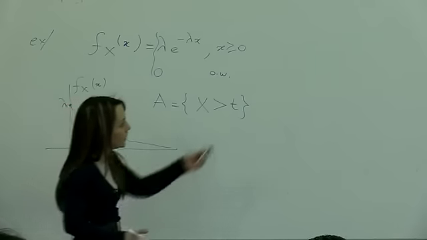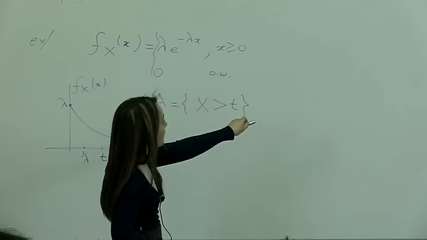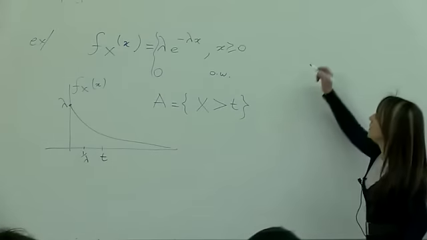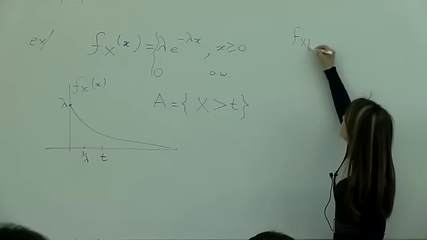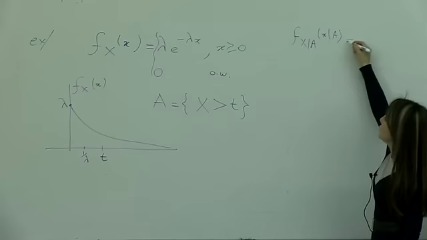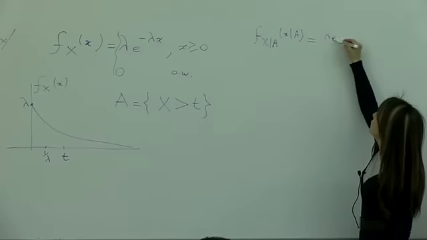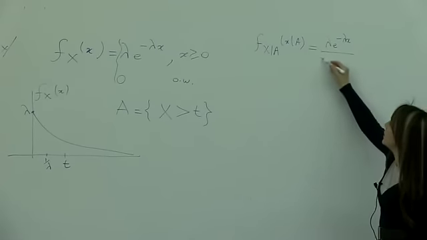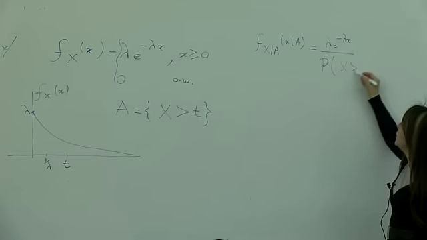Let's apply the definition up here, which is the definition of the conditional Pdf. So f of x given A is equal to fx of x, which is lambda e to the minus lambda x, divided by the probability of A, which is in this case the probability of x being bigger than t.